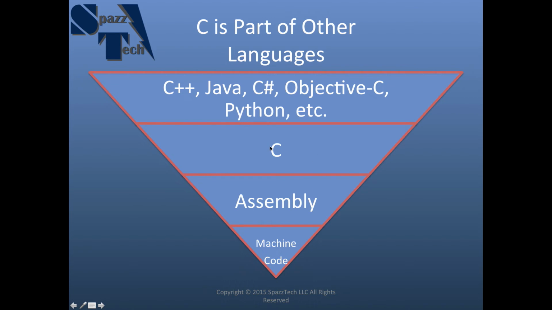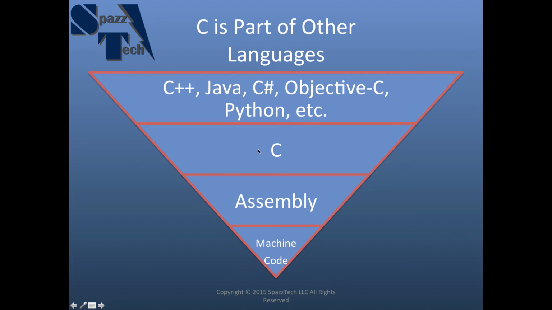And then C represents components, like, okay, this is a 2x4, or this is a shingle or a brick. And then the higher level languages might be something like a preformed window.